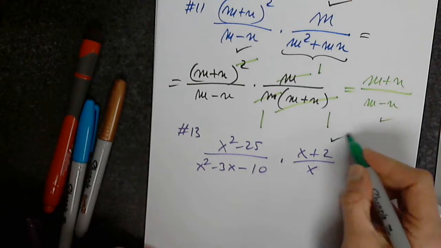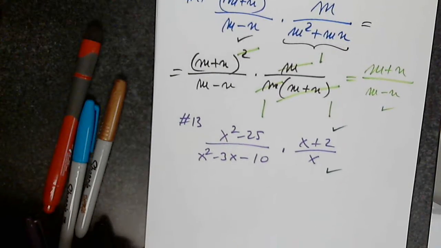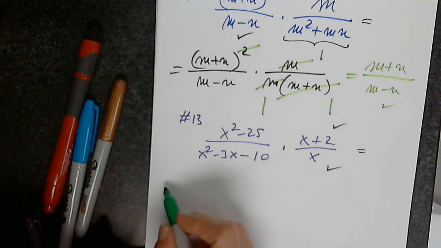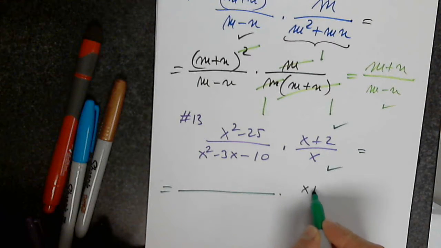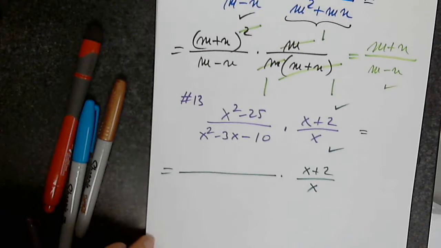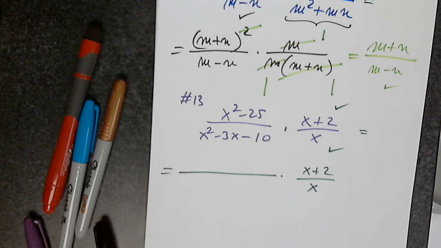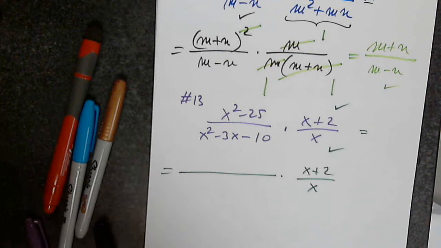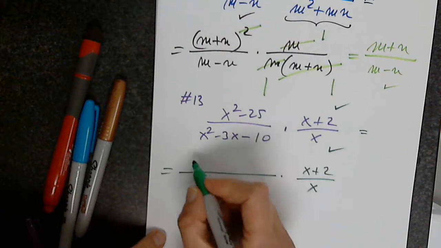Well, I cannot do anything to this, and I cannot do anything to this. But I have to factor x squared minus 25. And since I only have one variable, I will state restrictions. So how do I factor x squared minus 25? X minus 5, x plus 5.